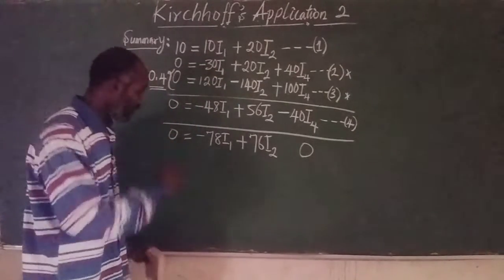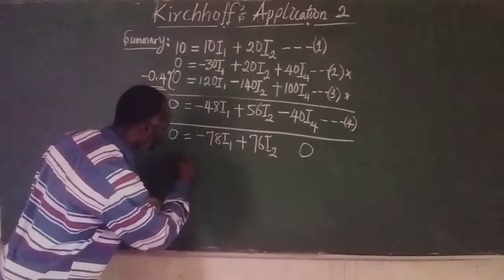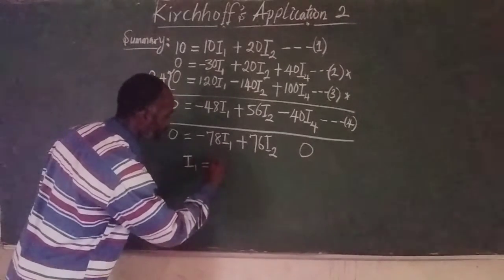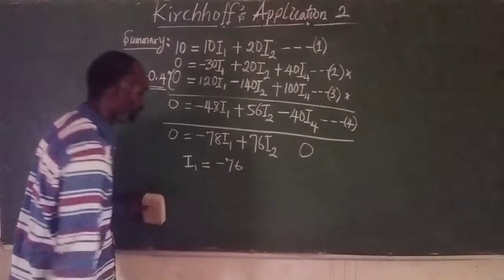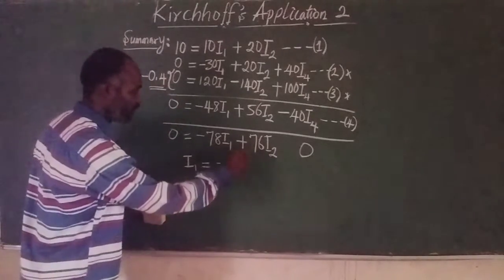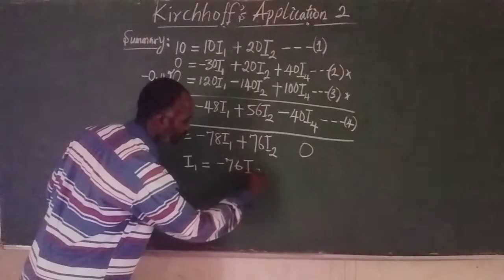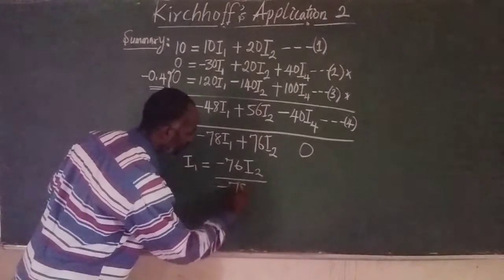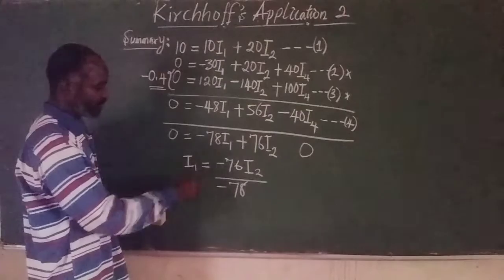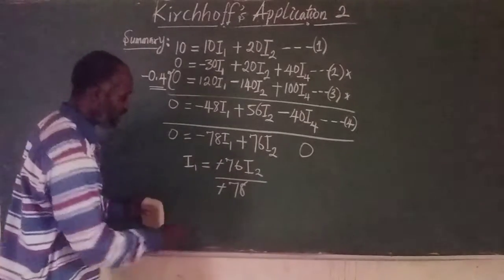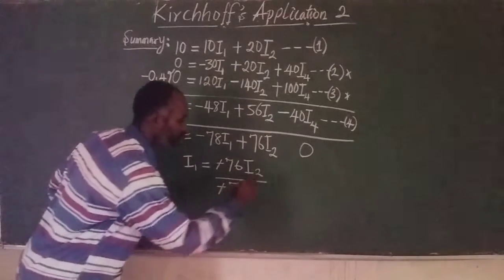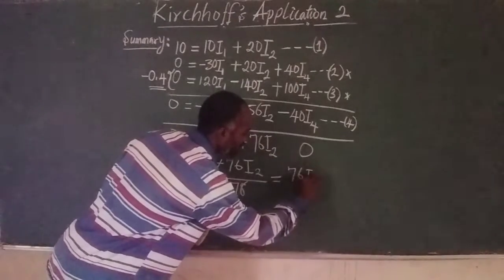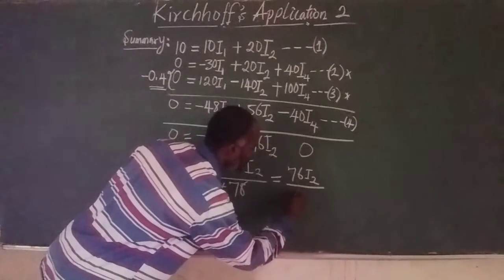By the time we make current 1 the subject, it becomes current 1 is equal to minus 76 I2 all over minus 78. Because the minus is coming from the minus, this is going to take care of this, and we are left with the value of current 1, 76 I2 all over 78.